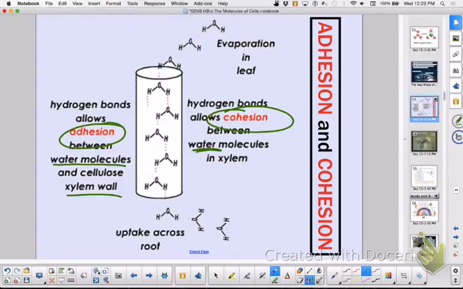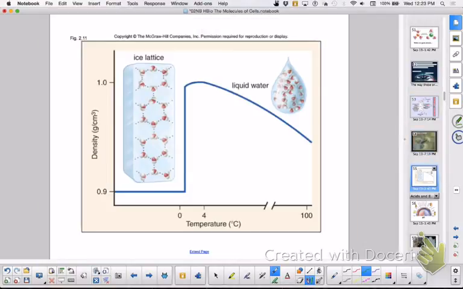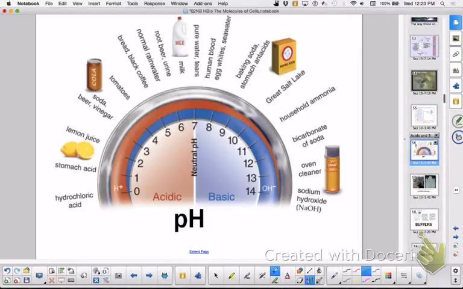And we talked about surface tension, and we also talked about how frozen water is less dense than liquid water because all their hydrogen bonds are equal distance. Okay, then we finished it up talking about pH. If you have a low pH, what do you have a lot of? Hydrogen ions, and you are classified as an acid.